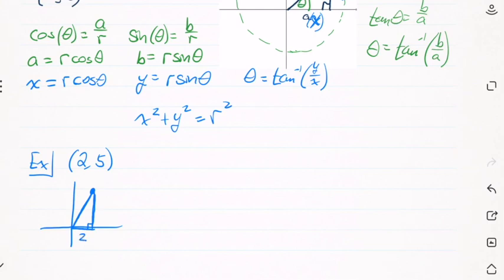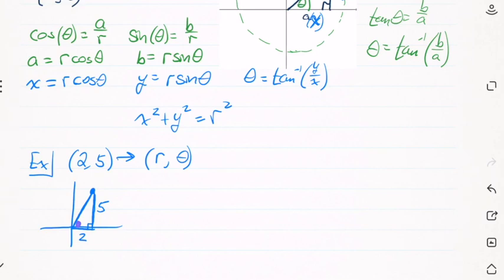All right, so this side is 2, this side is 5. So the two things we need to find to change it over to (r, theta) is the radius, which happens to be the hypotenuse of this triangle, and the angle, which is right in here, this angle.